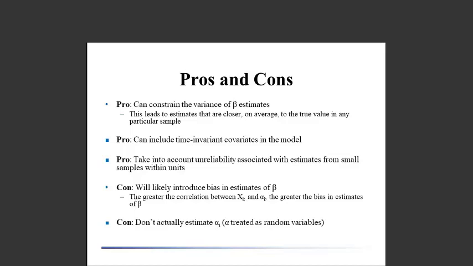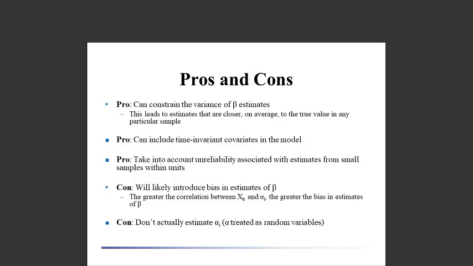And this brings beta closer to the pooled OLS estimate and leads to estimates that are closer on average to the true value in any particular sample. So a lot of researchers may favor random effects because some argue that the inferences from random effects are more generalizable beyond the sample in a given analysis.